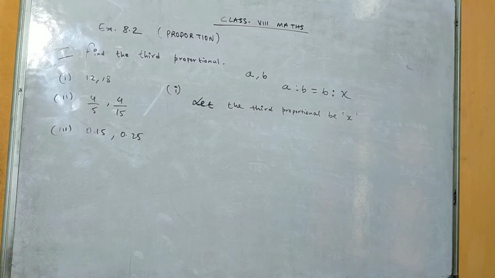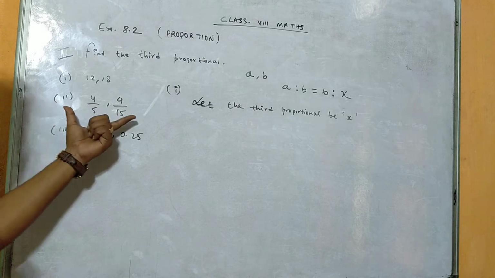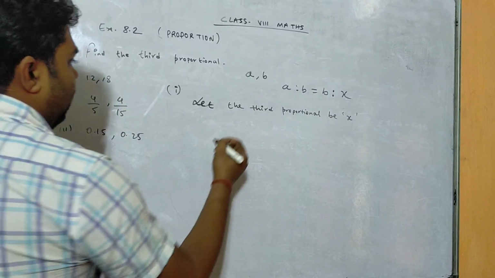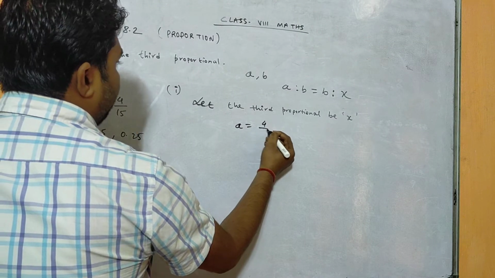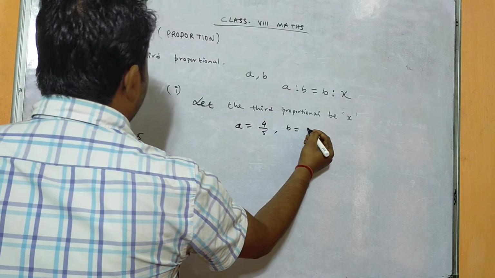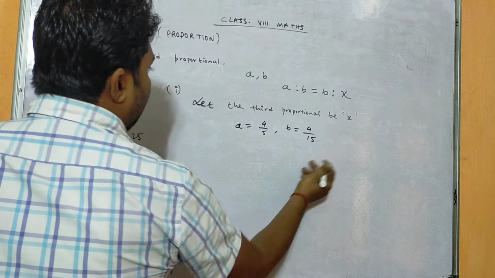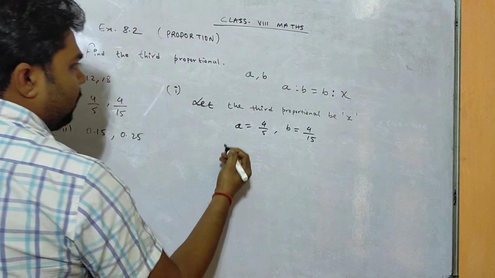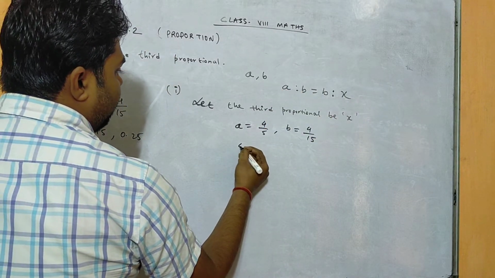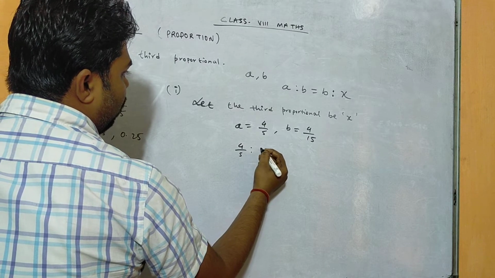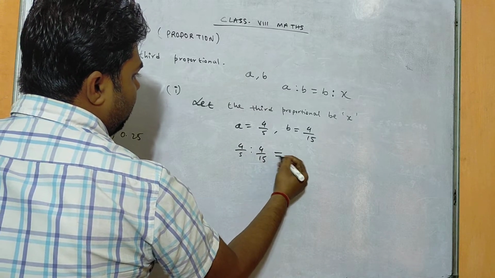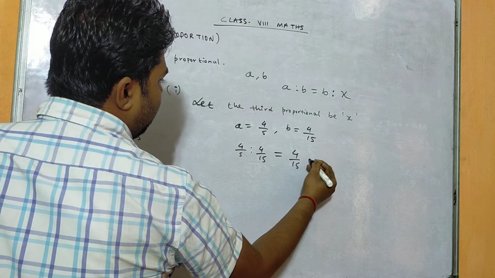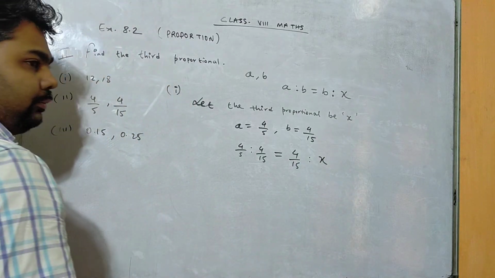Next question we have, find the third proportion for 4 by 5, 4 by 15. So what is our a here? A is 4 by 5 and b is here 4 by 15. Now again if I put in this formula, a is to b, that means 4 by 5 is to 4 by 15 equals to 4 by 15 is to x, right?